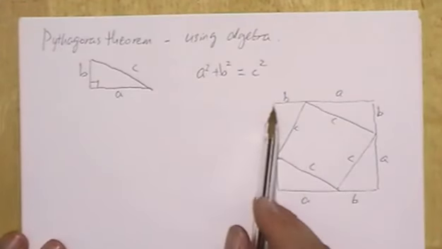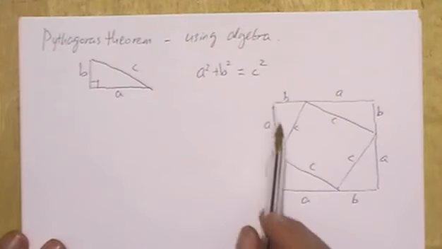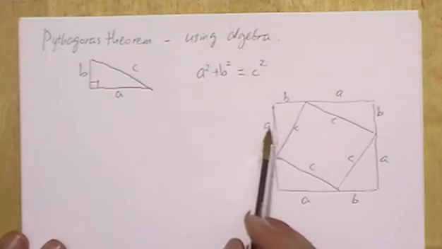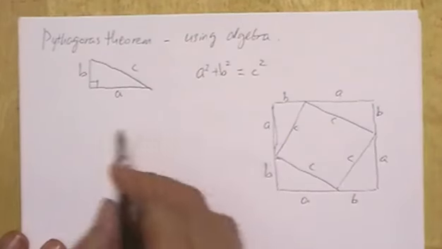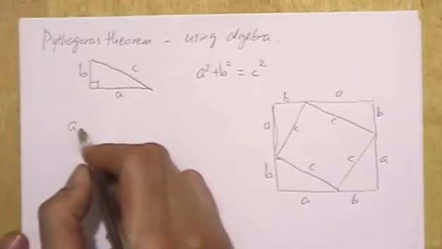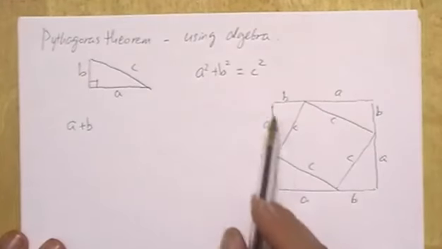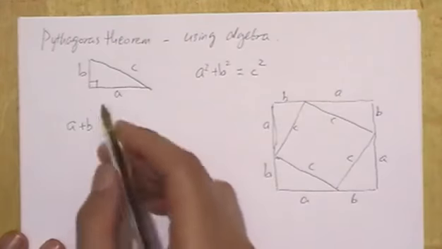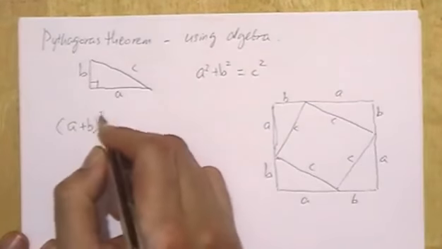One way is to just look at this side, which is made up of A plus B. So therefore, the area of this big square in terms of A plus B would be just A plus B squared.